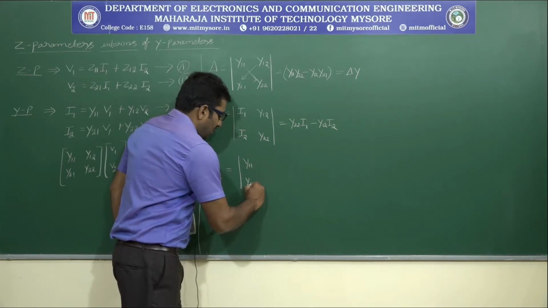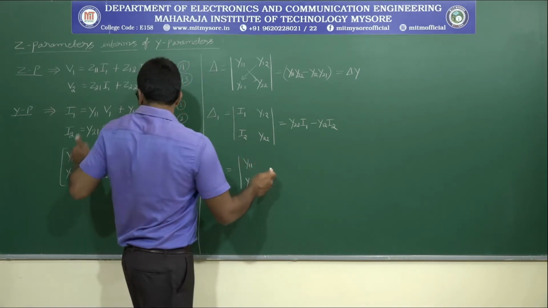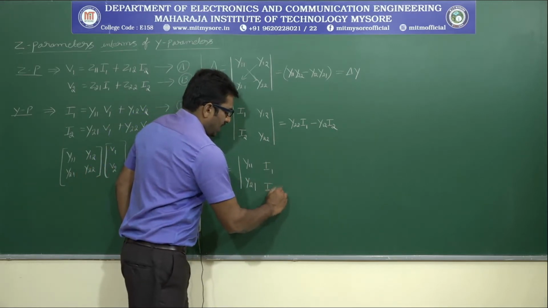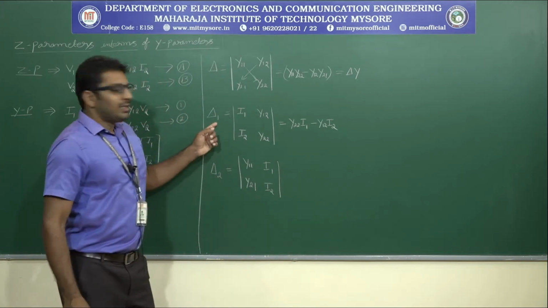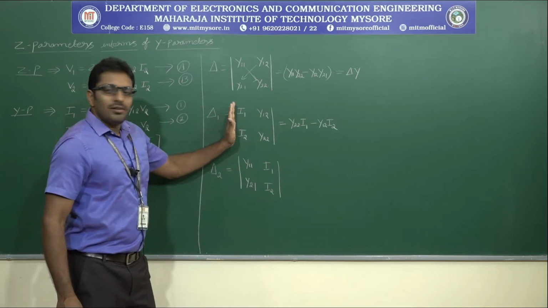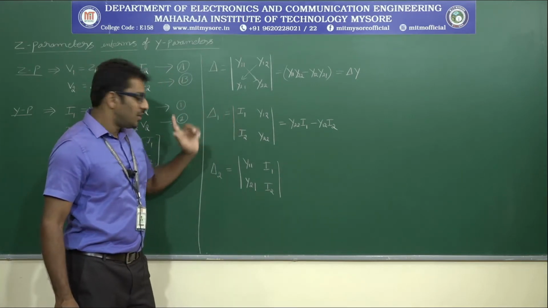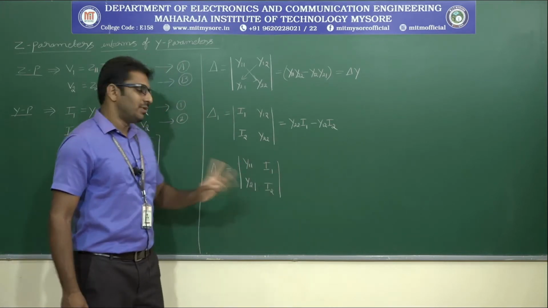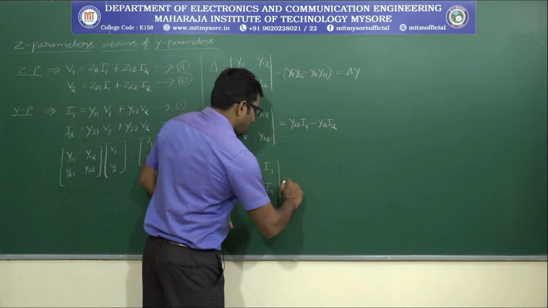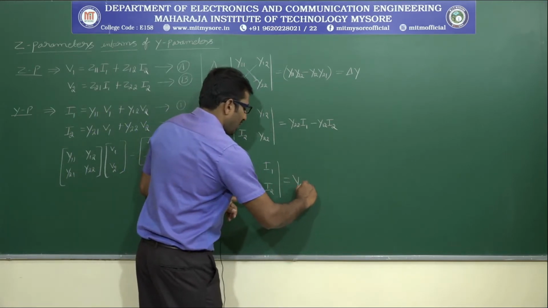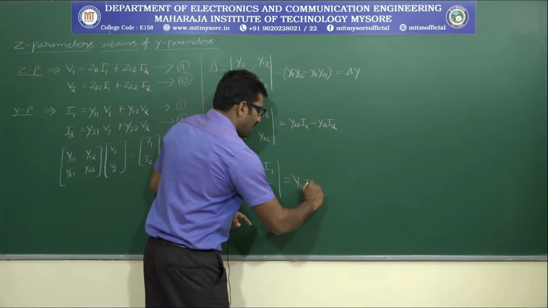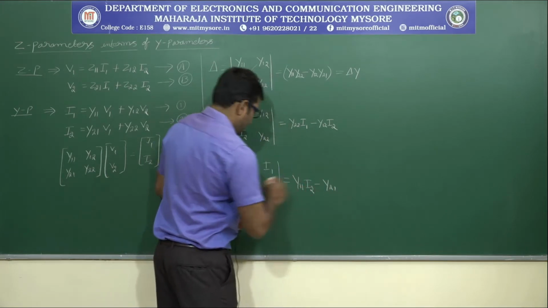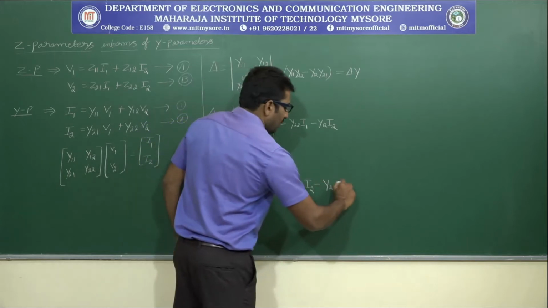See, to find delta 1, replace the first column by the current variables; to find delta 2, replace the second column by the current variables. Now cross multiply: Y11 into I2 minus Y21 into I1.